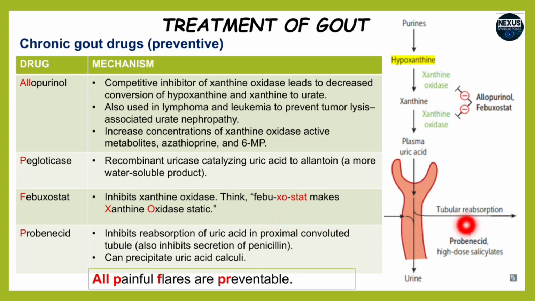As you can see here, it also inhibits secretion of penicillin. It can precipitate uric acid calculi, right? So these are the downsides, like inhibition of penicillin excretion, and it can precipitate uric acid calculi, the stones.